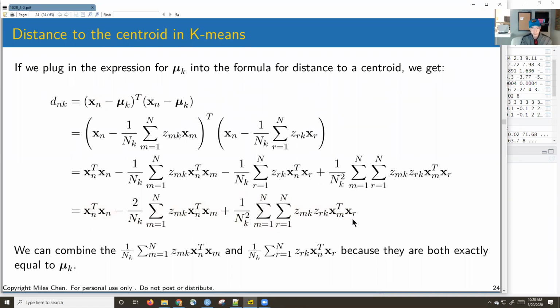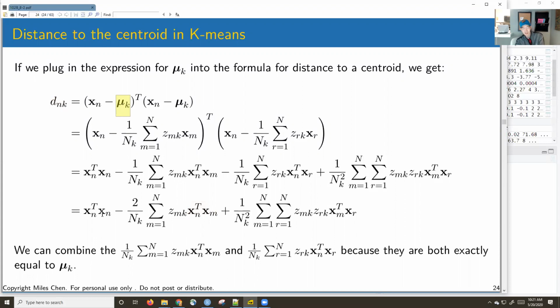Okay, the reason why we might do something like this is because here we've expressed the distance to the centroid without actually needing to calculate the centroid mu sub k itself. So we're expressing the distance from n to the centroid of cluster K without actually using the term of the centroid.